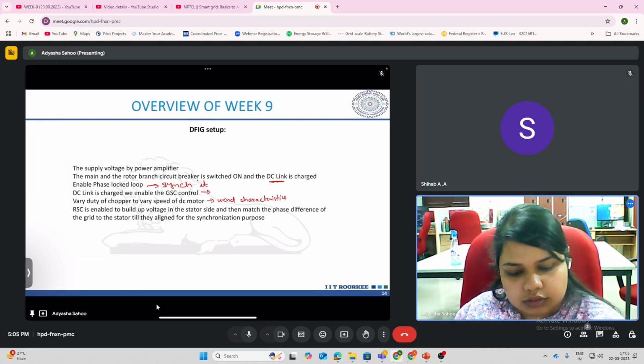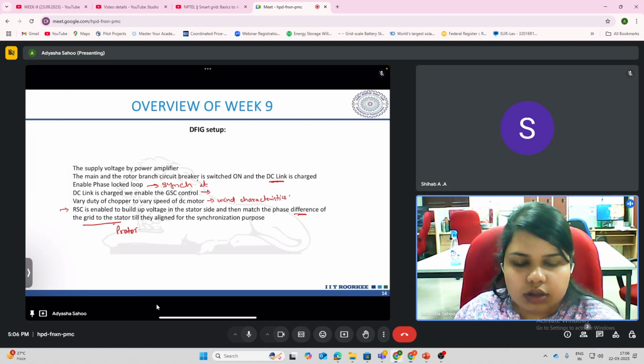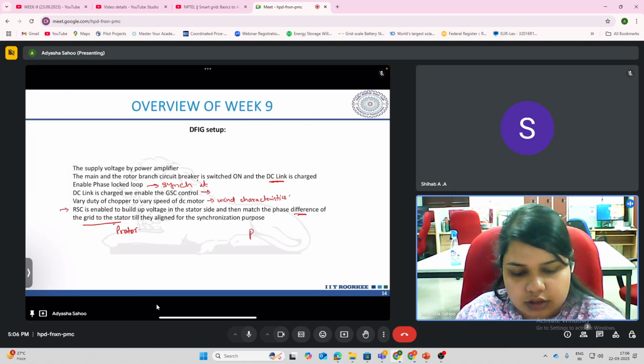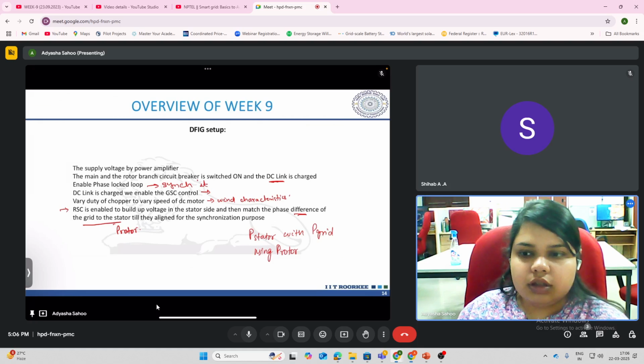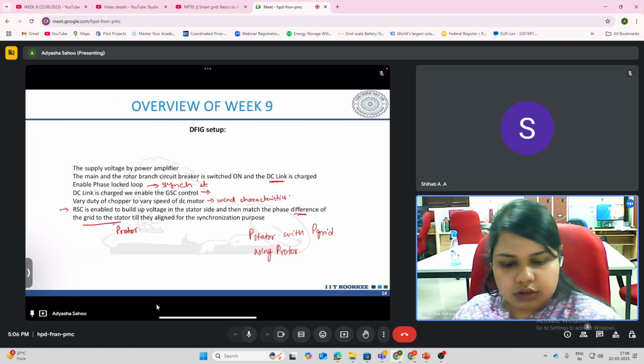So the rotor side control is used to build up the voltage and then match the difference between grid and stator using P rotor. And when you match this P stator with P grid using P rotor, you can then go for the synchronization.